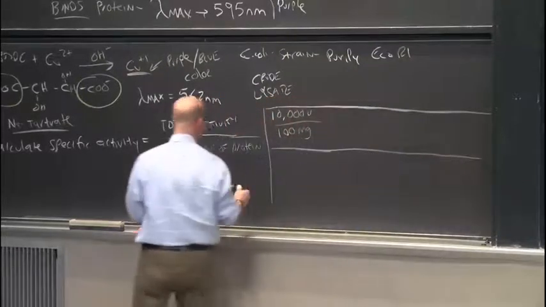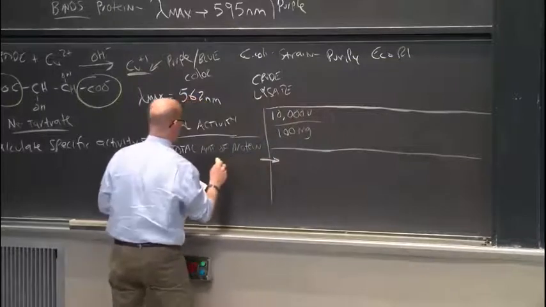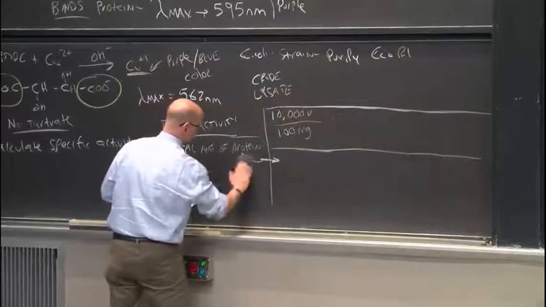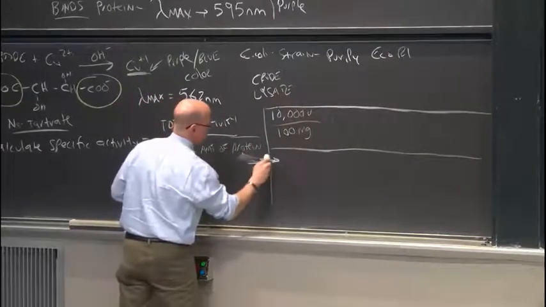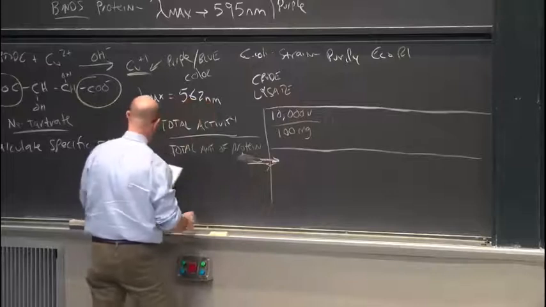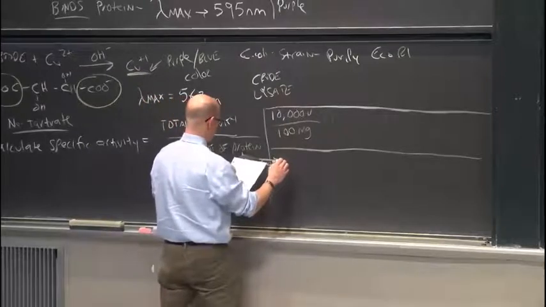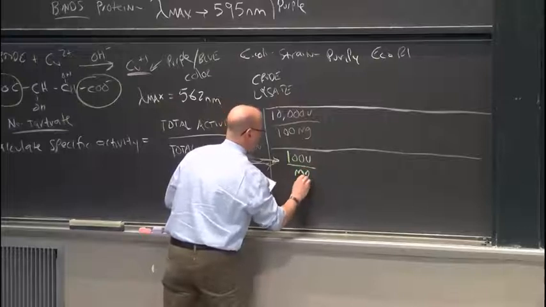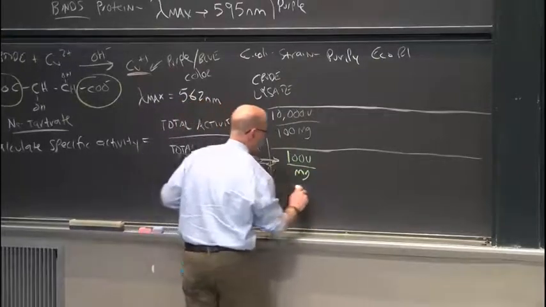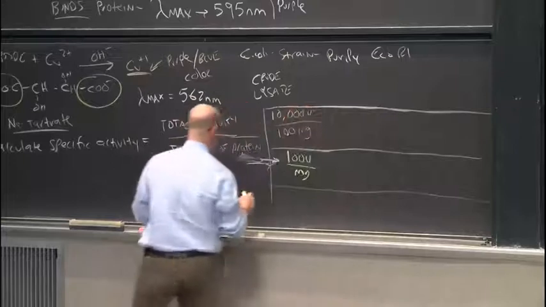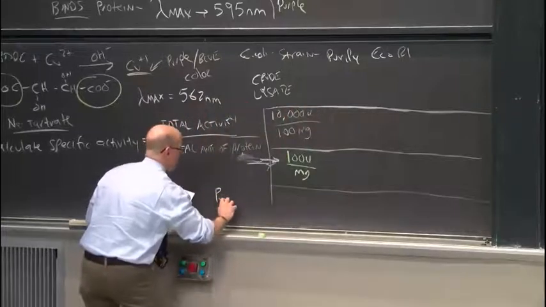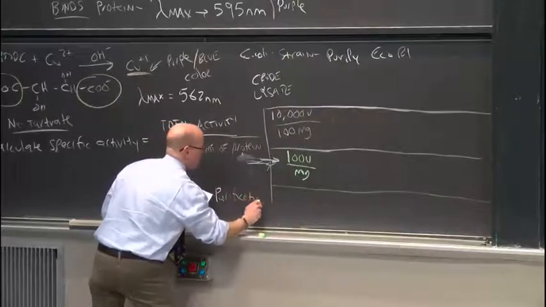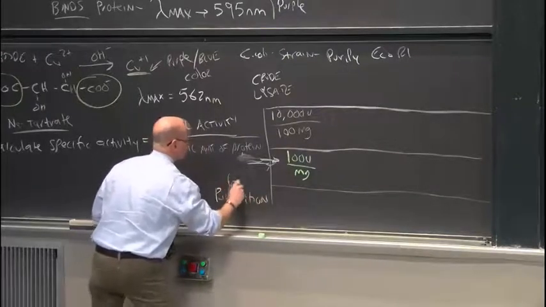So what this means then is that my specific activity, this term, specific activity, is then simply 100 units per milligram. And if I now denote the purification, I'm going to call this the fold purification.